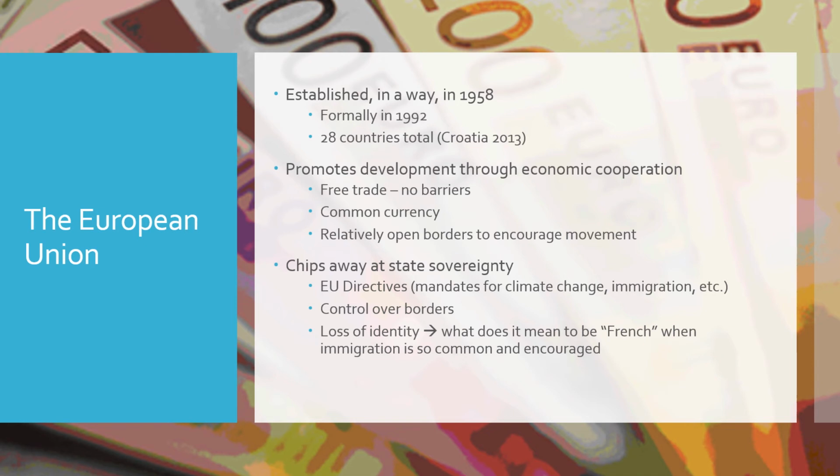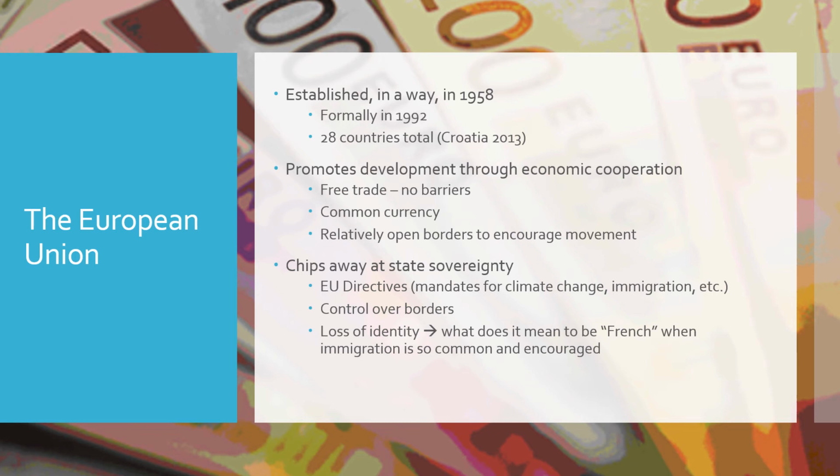But after World War I and World War II, it was clear that if Europe was going to have any sort of role in the world, post-colonialism, post-imperialism, and post-getting their butt kicked throughout the world wars, they were going to have to work together. So European countries began to unite in supranational organizations in 1958, and they formally established what's called the European Union in 1992. 28 countries total, although I believe that number is now down to 27, which we'll talk about in a minute.